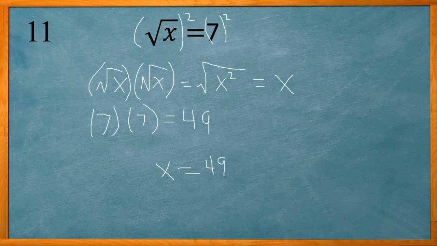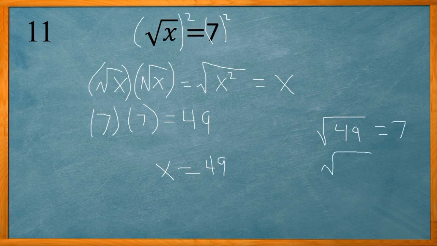Now, before we said, with the square you had two answers, but here you only have one. We can take the square root of 49, that gives you 7, but we can't take the square root of negative 49, because we said 7 times 7 equals 49, but negative 7 times negative 7 doesn't give you negative 49, it gives you positive 49.